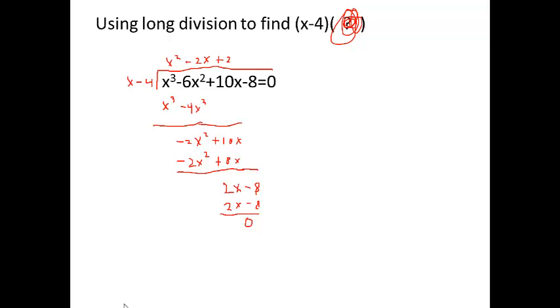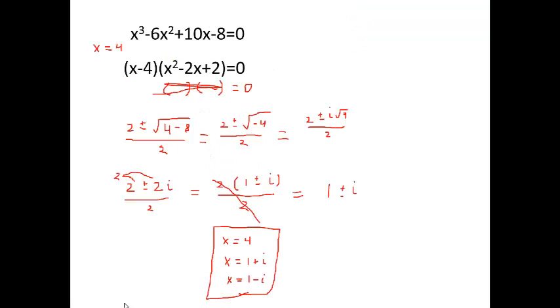Then I went x minus 4 is a factor. Okay, let's go ahead and factor that out using long division. So I used long division to pull out that x minus 4 and gave me x squared minus 2x plus 2. And what that told me is that x minus 4 times x squared minus 2x plus 2 are two factors of the original polynomial. So then I already knew what one of my solutions was, x equals 4.